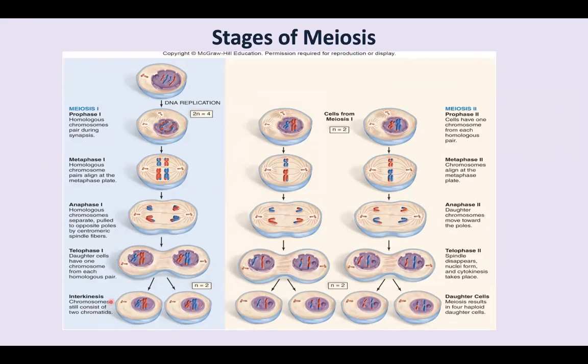From 2 cells, they go on into meiosis 2 and become 4. In the exam, if you just write prophase for crossing over, that is wrong. It has to be prophase 1, because meiosis has 2 divisions. You have to be specific.